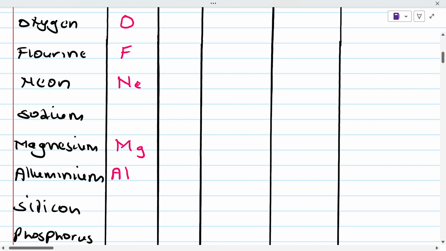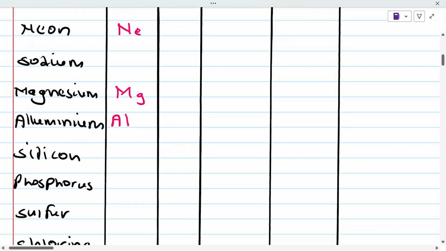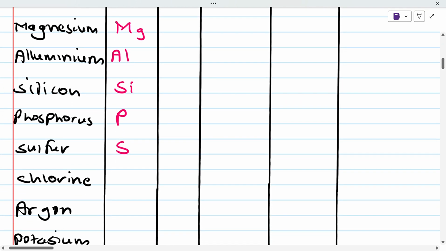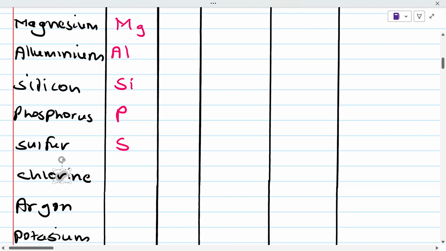Silicon is Si, capital S, small i. Phosphorus is capital P. Sulfur is capital S. Chlorine is capital C, small l.